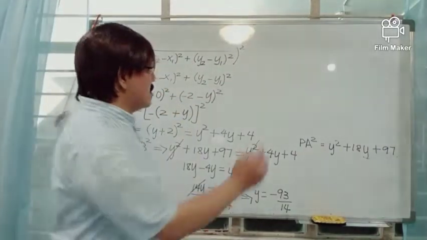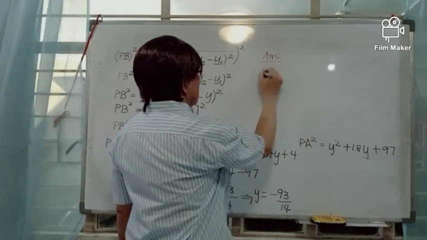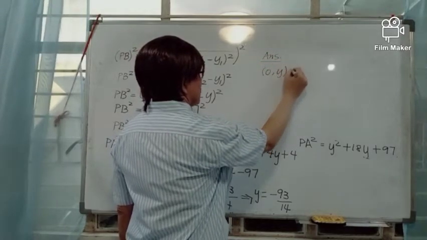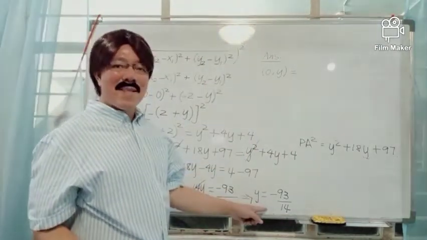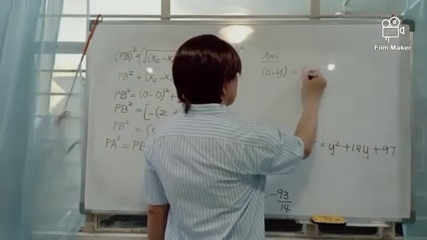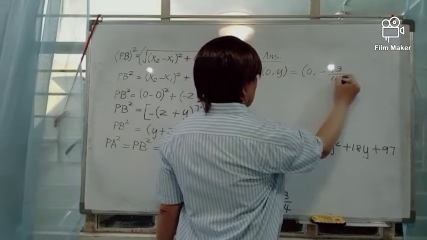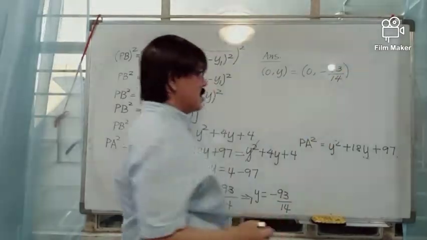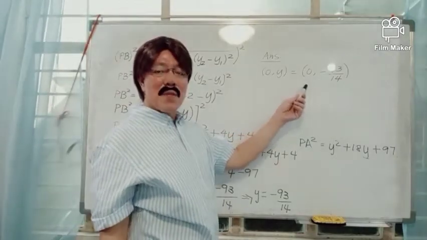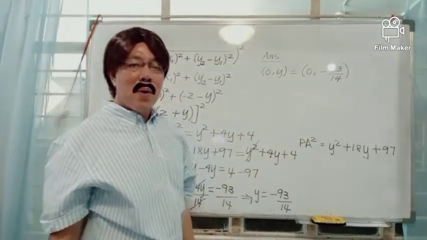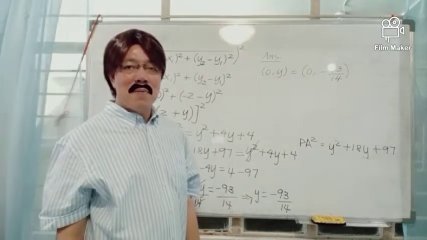And the point whose coordinates we want, the point 0, y, is the point 0 and y is negative 93 over 14. The distances of this point from point A and from point B are equal.